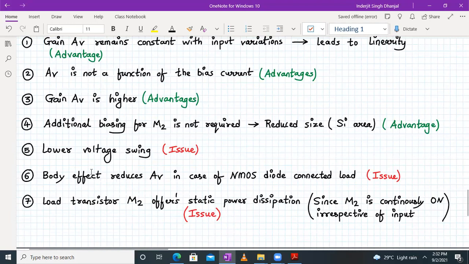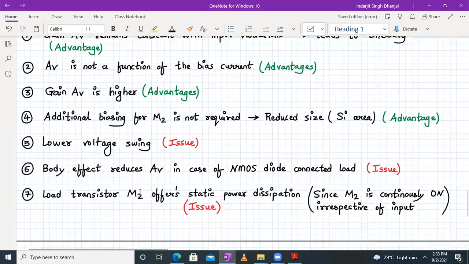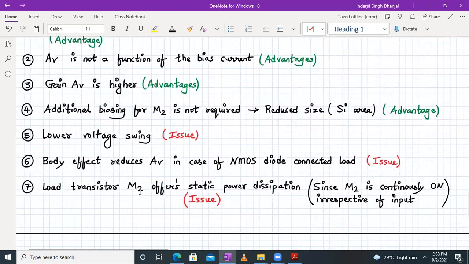Then the body effect reduces AV, that is the gain, in case of NMOS diode connected load. So we have talked about this before. In an NMOS diode connected load, because of the body effect, the voltage gain is slightly reduced. And yeah, one more thing is there. This problem is associated with both NMOS as well as PMOS diode connected load. That is, a load transistor M2 offers static power dissipation.